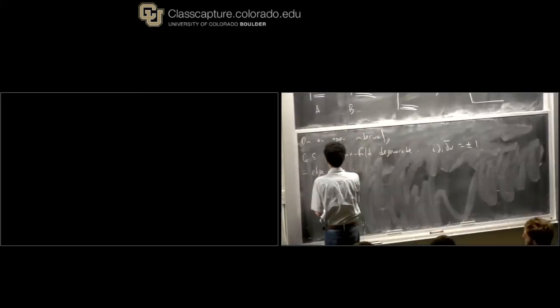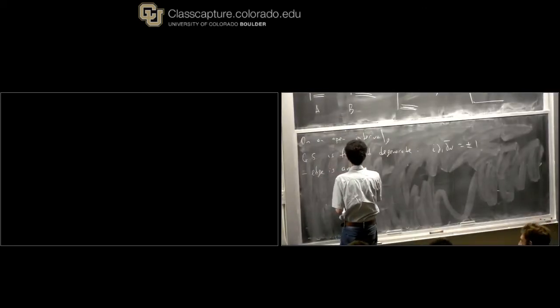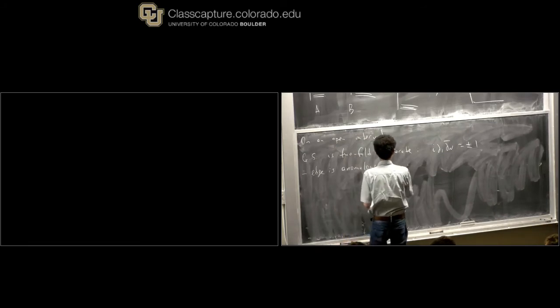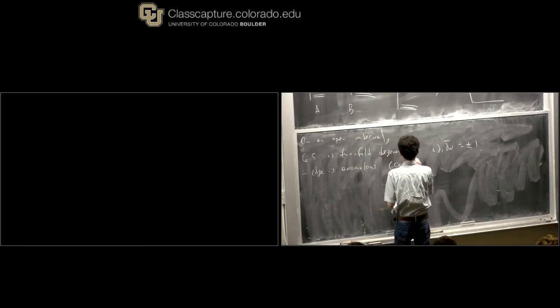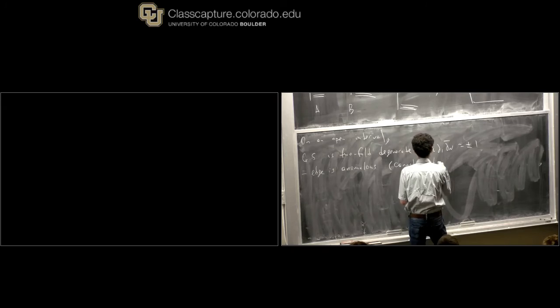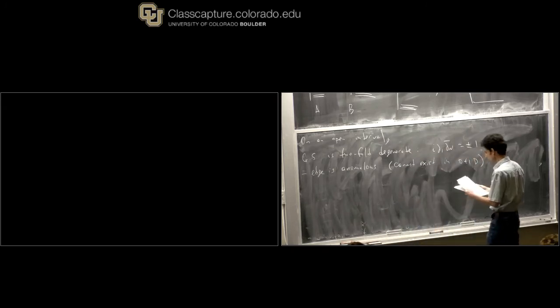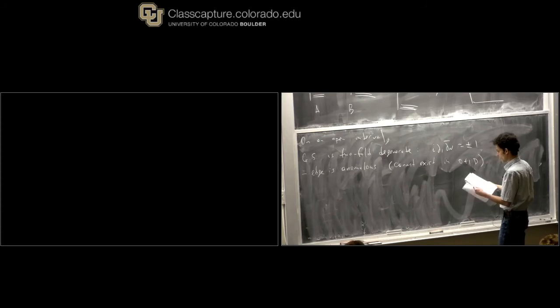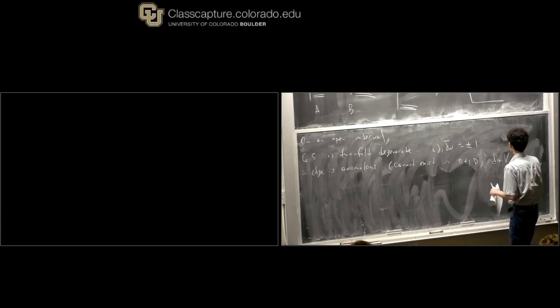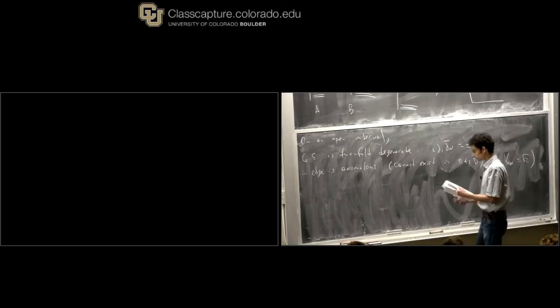So the edge is anomalous, it cannot exist in 0 plus 1D, because then the dimension of the edge would be square root of 2.